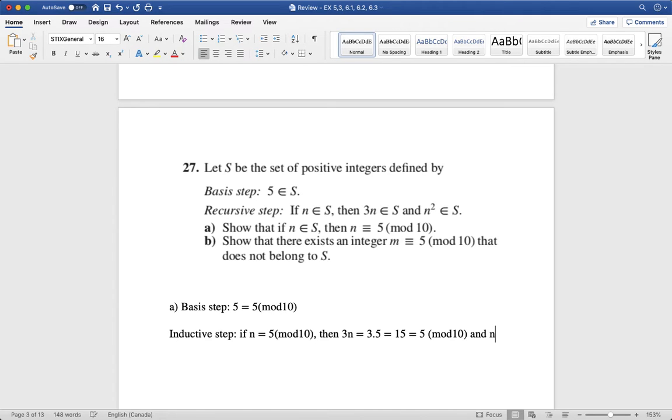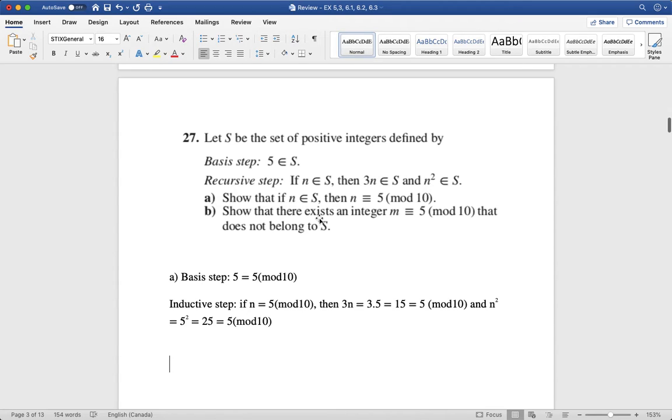And n squared in that case will become 5 squared, because we are saying that n equals 5, which is equal to 25, and logically equivalent to 5 mod 10. Okay, so this is proved.